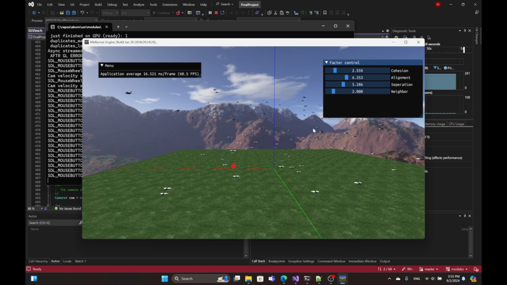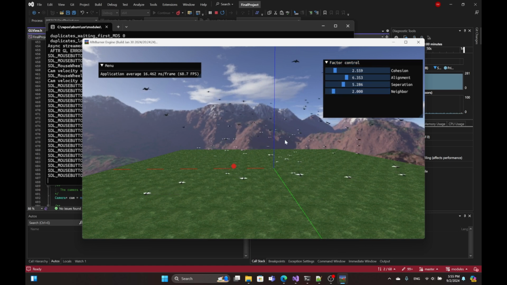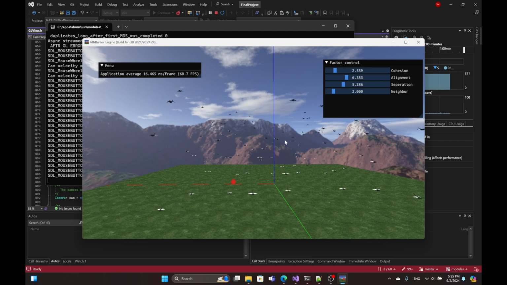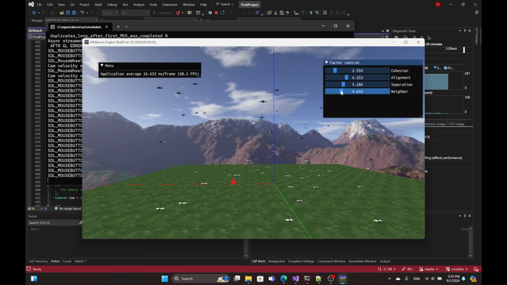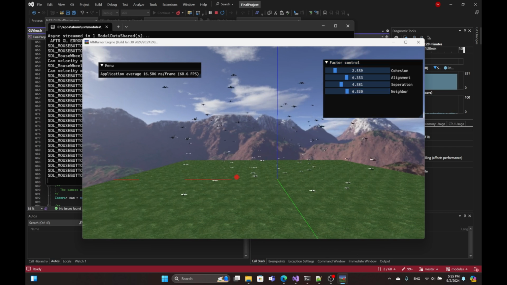The fourth slider is neighboring distance, which means that in my algorithm itself, a boid doesn't fly into the center of mass of the whole flock. The neighbor distance adjusts how many around them they are considering to make that calculation.